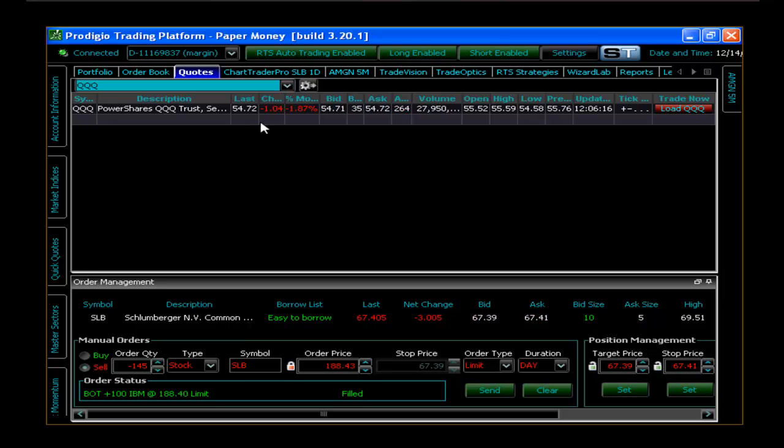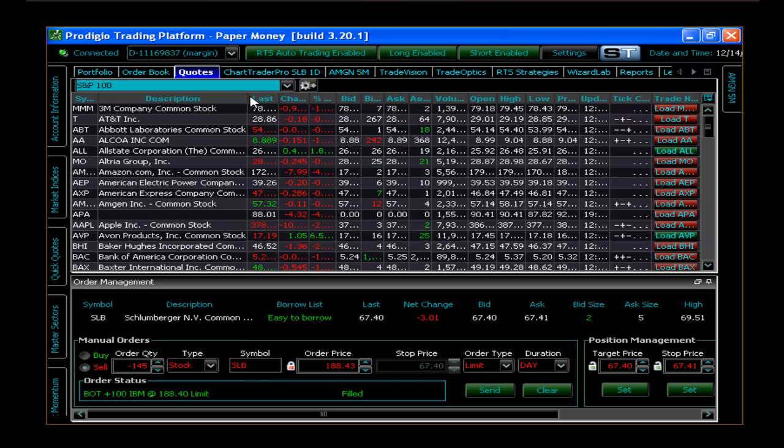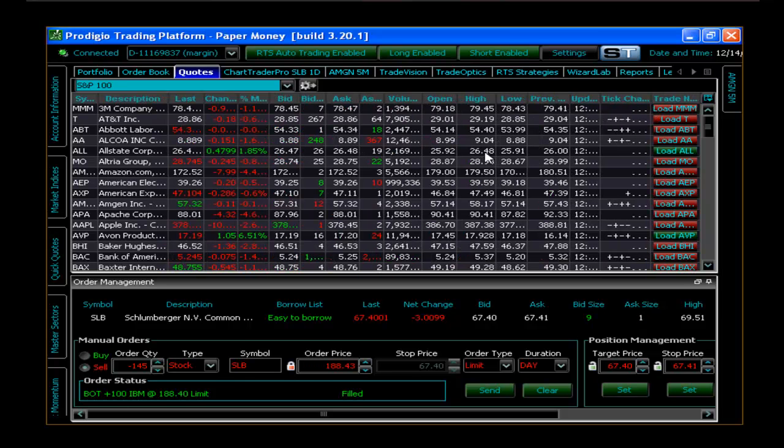We have quotes tabs which you can manage your symbol lists in, and there's a lot of information displayed in just the simple quotes table. In our next build, we have dramatically expanded the capability of the quotes table.